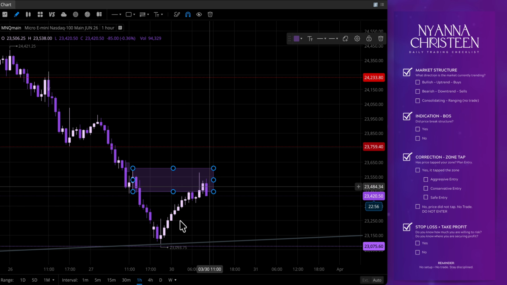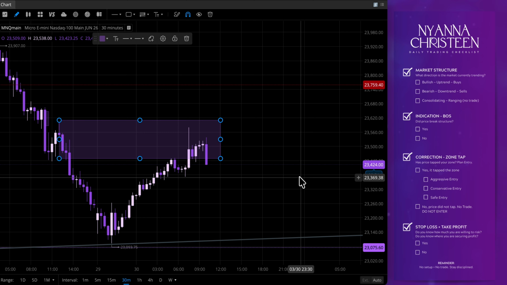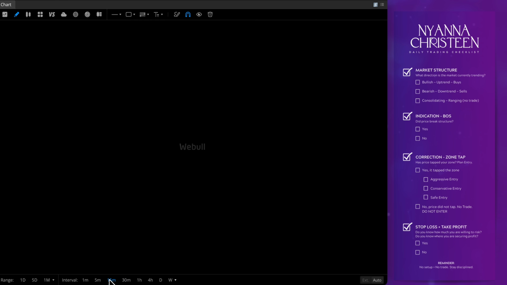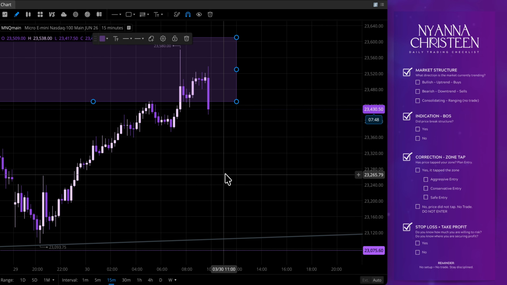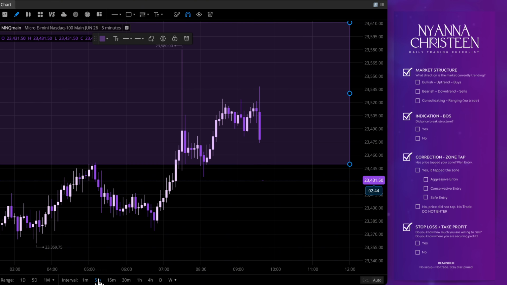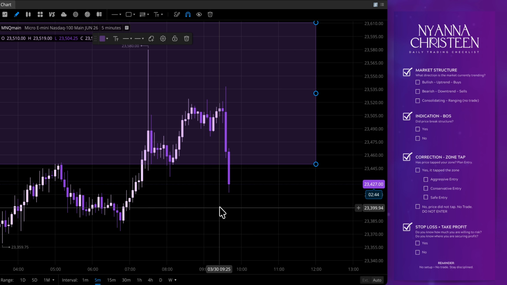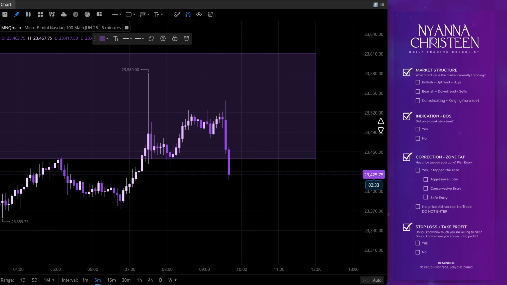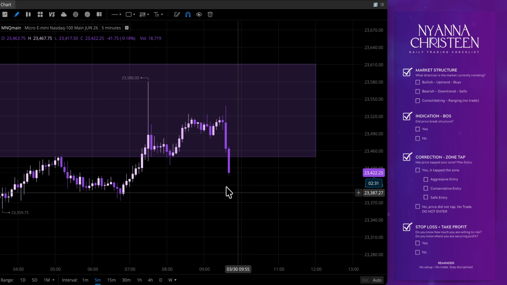It's coming out of that 1 hour zone. Definitely coming out the 1 hour zone. Oh, nice. Nice. So we didn't miss too much. Let's see if this candle closed outside this 1 hour zone.